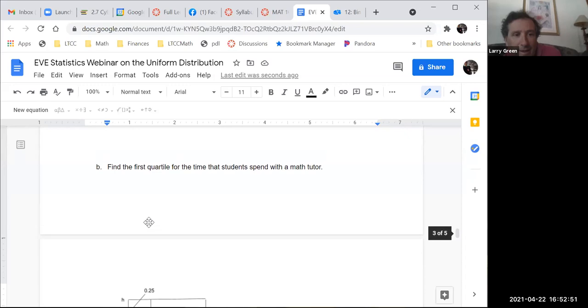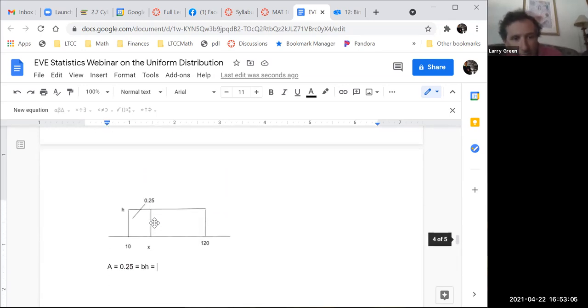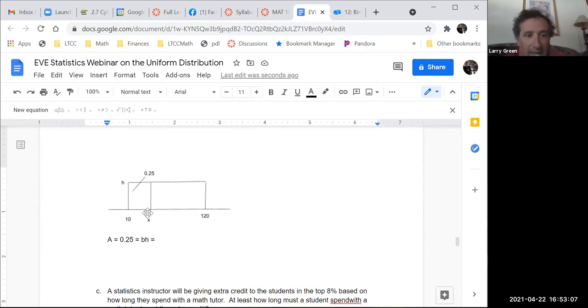So remember, let's go up here. When we went from 30 to 70, how did I get the base? I did 70 minus 30. Do you remember that? That was the base of this rectangle. If I go from 10 to X, how do I get the base?